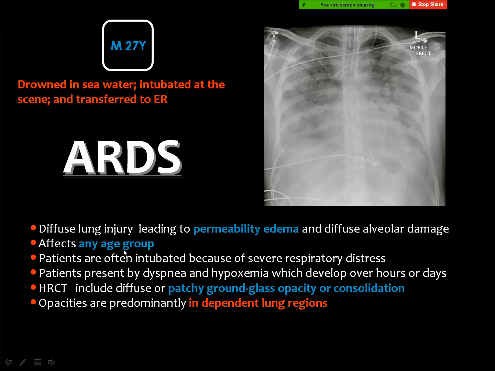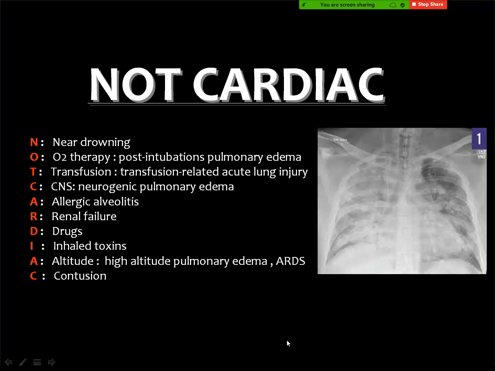The changes can occur at any age, also in the pediatric and in the neonates. Then you got extensive opacities in the lung. At first, these opacities represent pulmonary edema. Later on, they represent consolidation. And the causes of this acute respiratory distress can be remembered by this abbreviation: NOT CARDIAC.